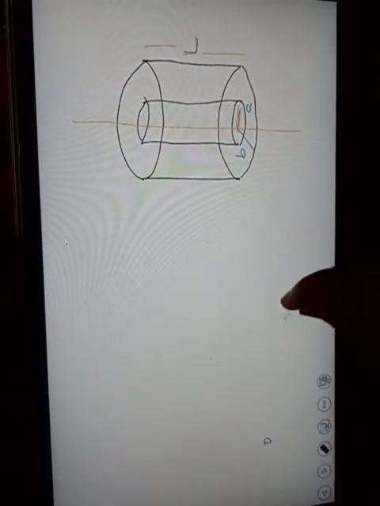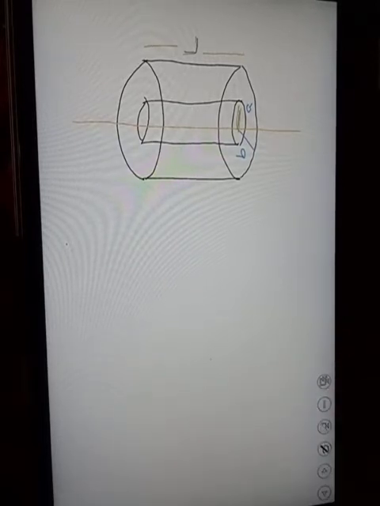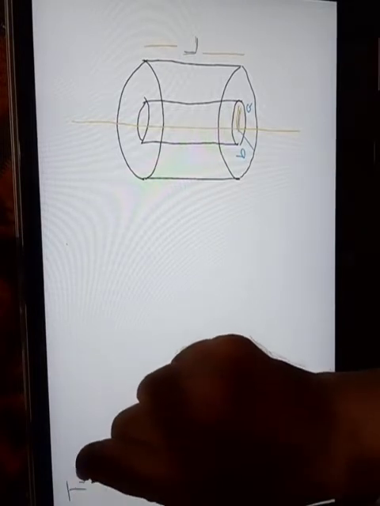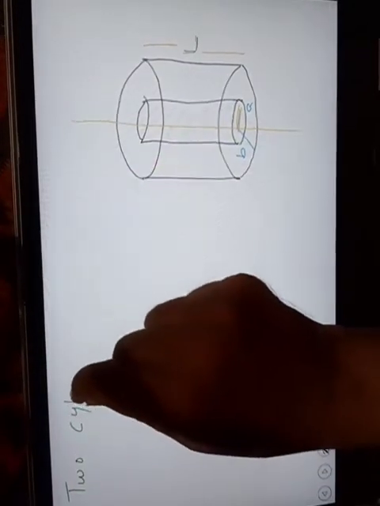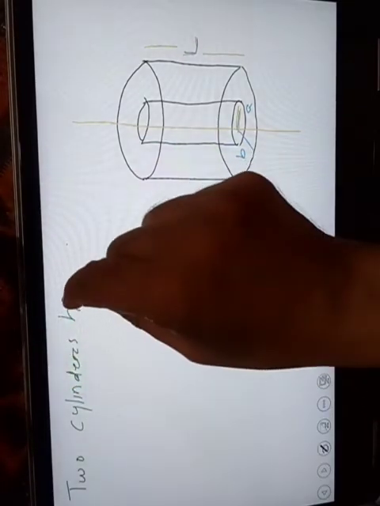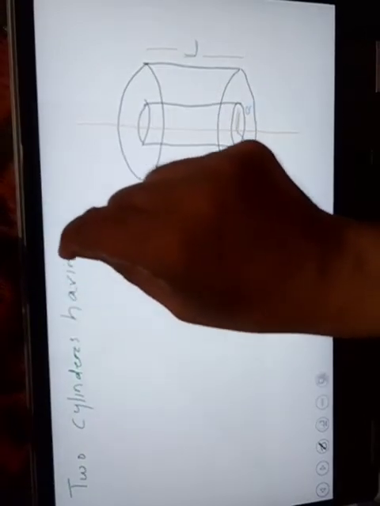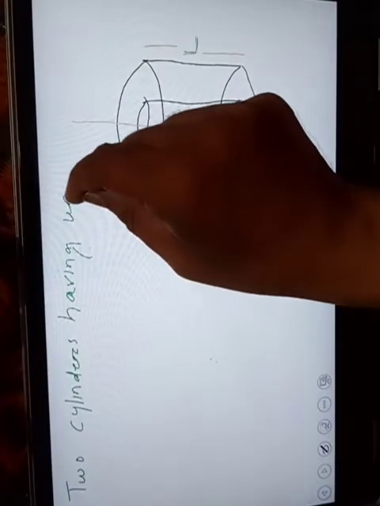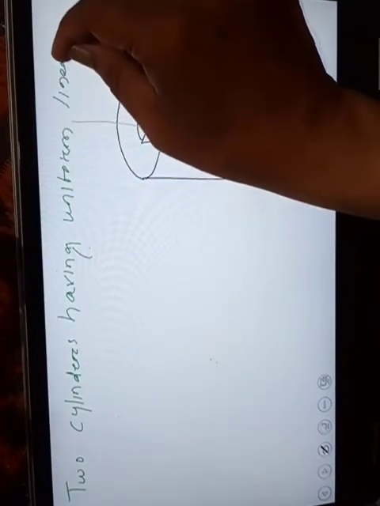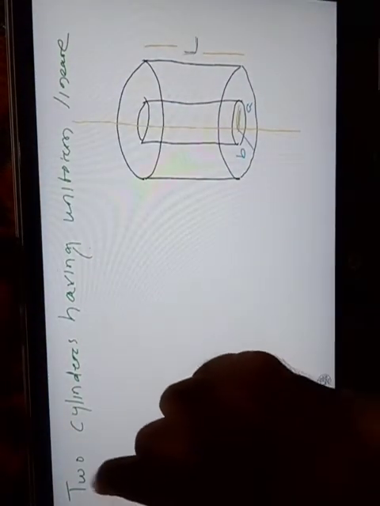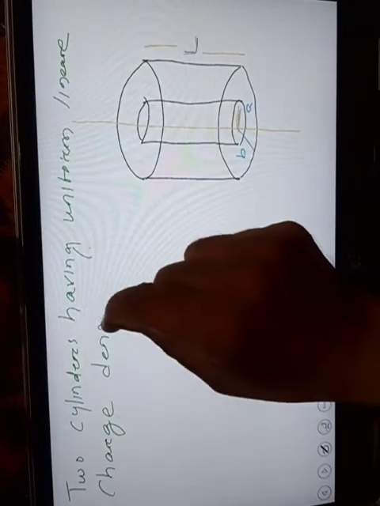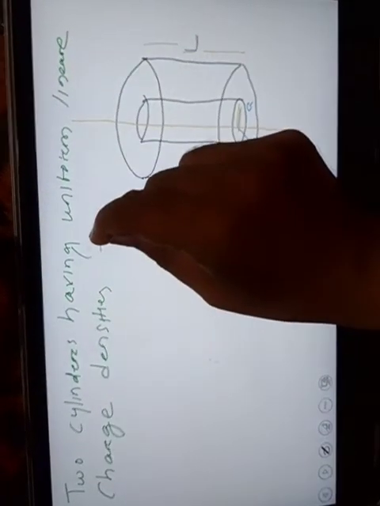That's why we take the two cylinders having uniform linear charge density, plus and minus lambda.